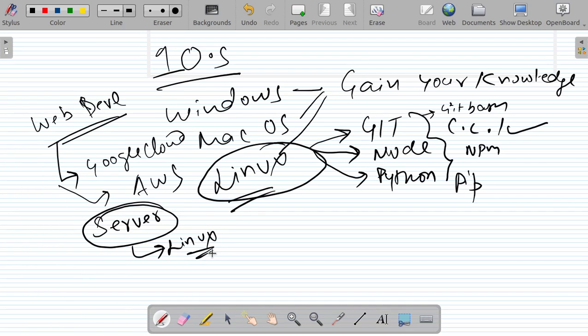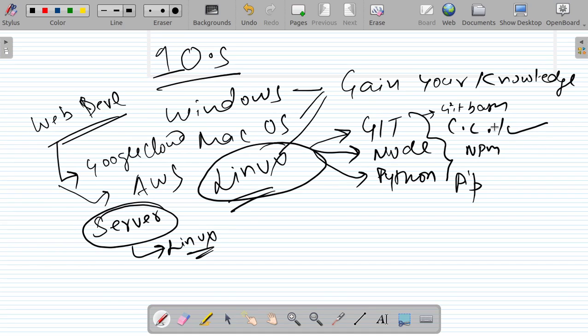So if you learn Linux, you become more confident about the command line interface available in any kind of technology, not bound to only one kind of programmer or developer.